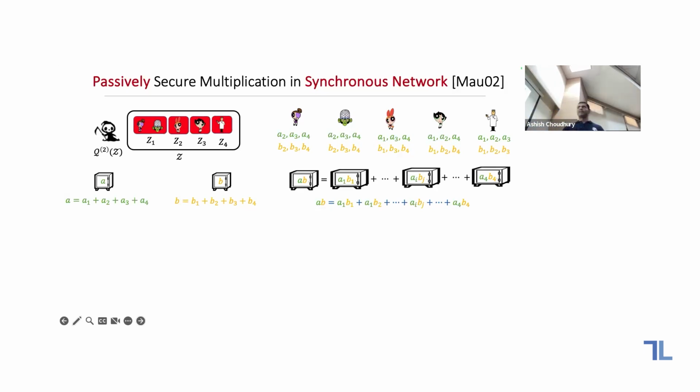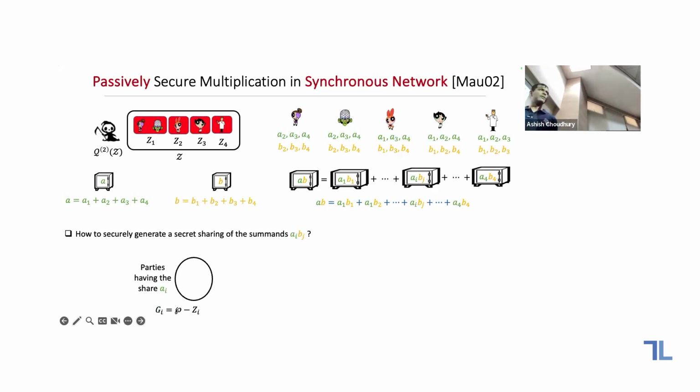That's all. Now the question is, how do you get a secret sharing of Ai times Bj? Because the share Ai is with one bunch of people, the share Bj is with another bunch of people. So let us focus on the group of people who have both the shares Ai and Bj. The share Ai is available with all the participants except the ith candidate subset from the adversary structure.